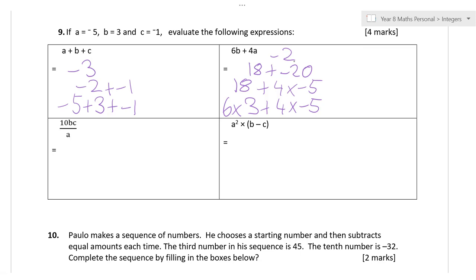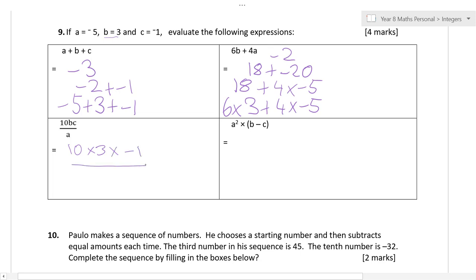Well explained. Very impressed. And for this one, we have: you first start with 10, and then you do 10 times b. B is equal to 3, so 10 times 3. And c is equal to -1, so times minus 1.